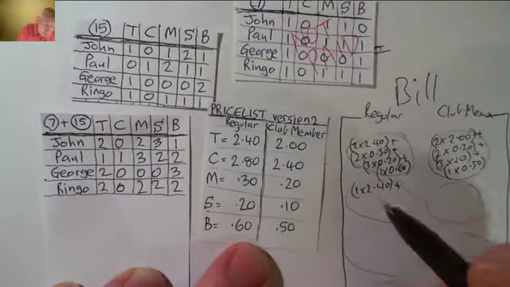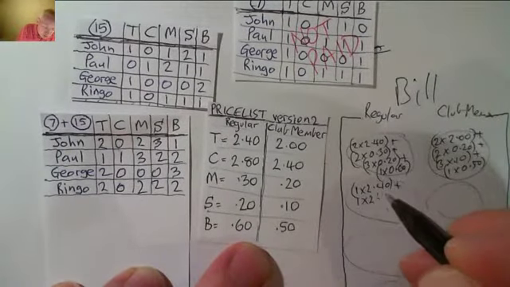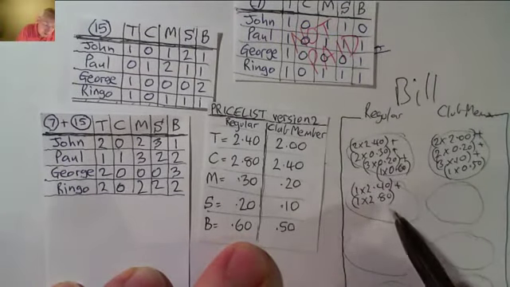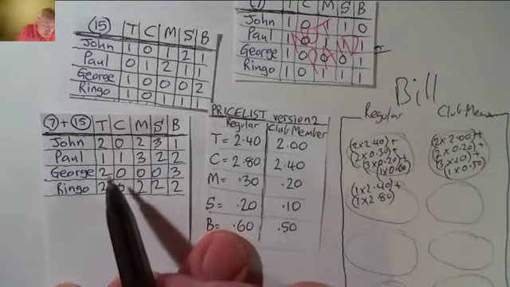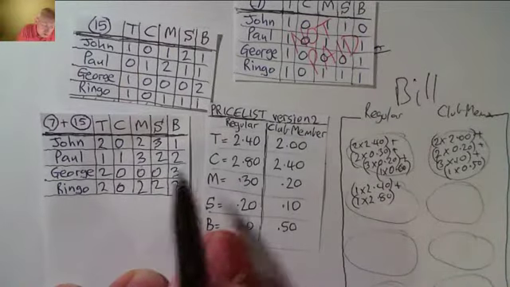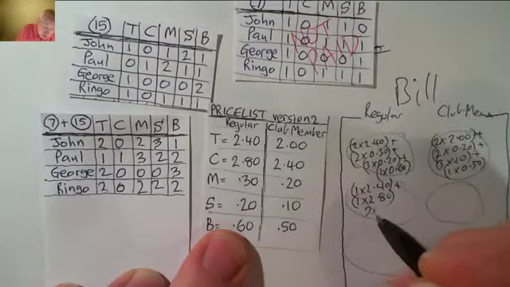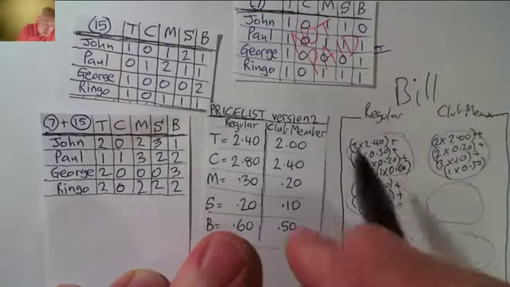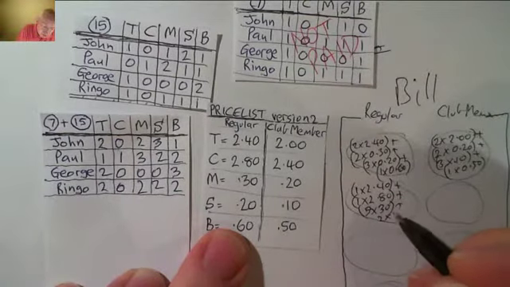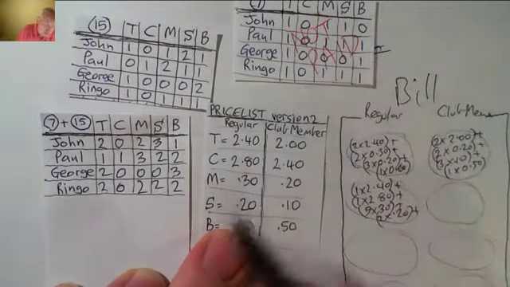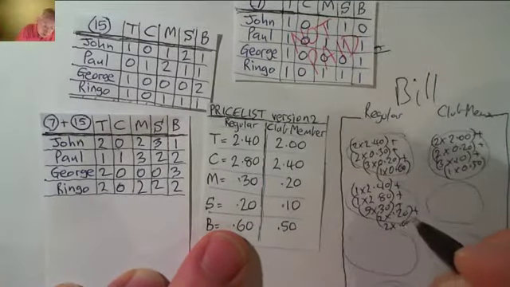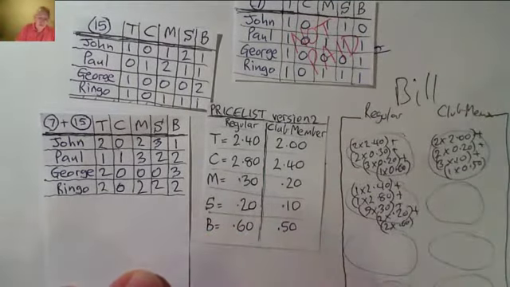So he's paying for 1 times $2.80 for this regular bill, and then he's paying 3 milks at 30 cents each, so 3 times 30 cents, plus 2 sugars at 20 cents, that's 2 times 20, and finally 2 biscuits at 60 cents, 2 times 60. So whatever that number is, I can put that there.